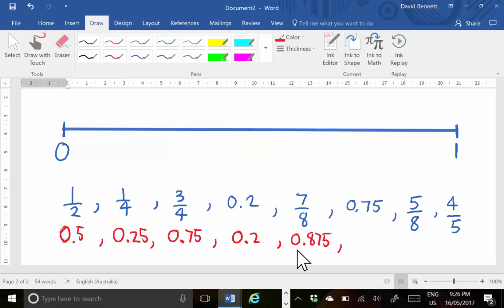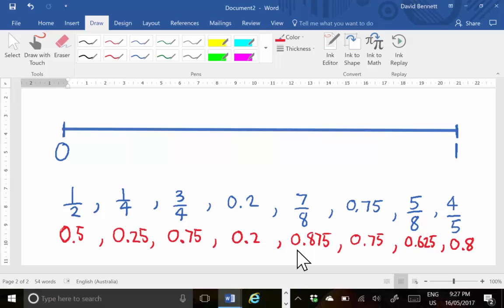Now if we have 5/8, that will be 5 divided by 8. Doing that on your calculator, that's equal to 0.625. And then 4 divided by 5 is going to be equal to 0.8. So that's looking at those.